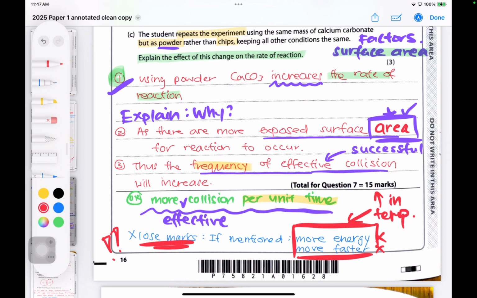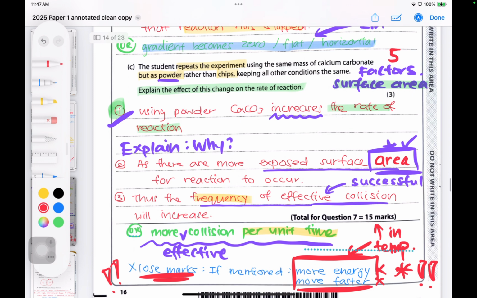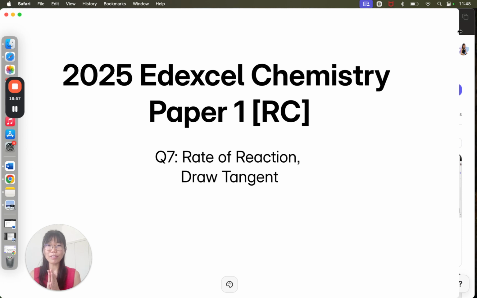So when the temperature of the solution or the acid increases, only then will the particles move faster, because the particles will have more kinetic energy. So take note, do not fall for this. Understand that there are a total of 5 factors, and every factor has different wording or keywords for its explanation.